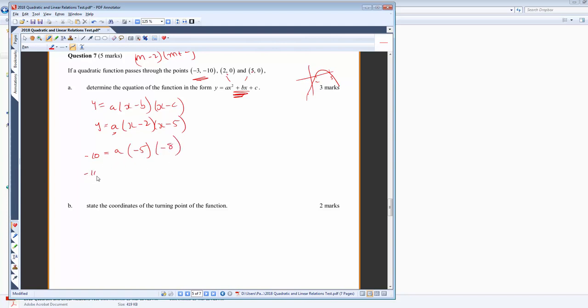Alright, that is -10 equals 40a, and a will be -10 over 40, or a equals -1/4.